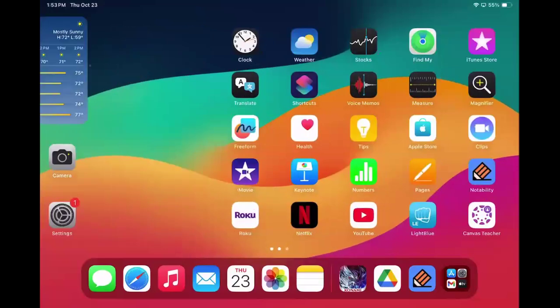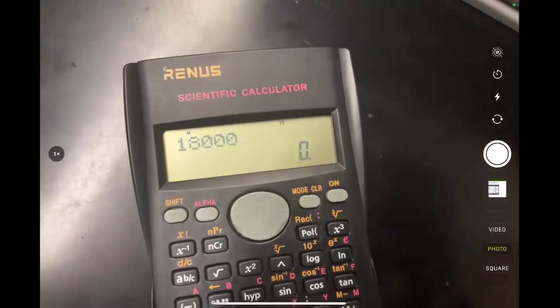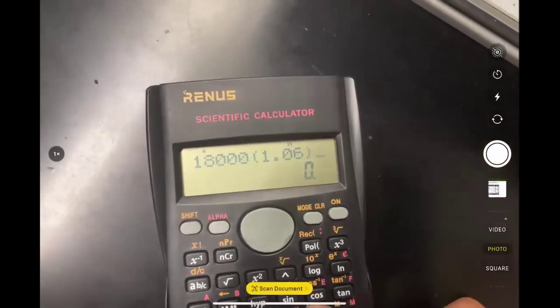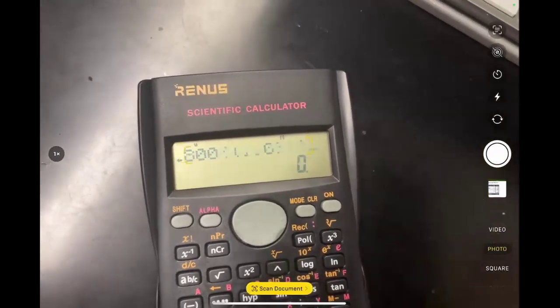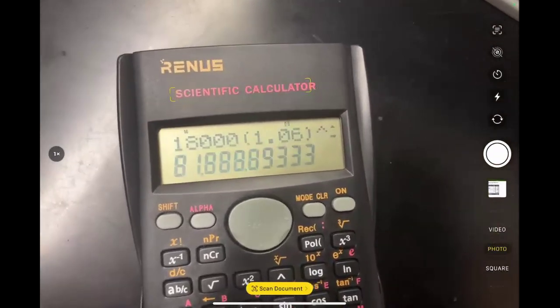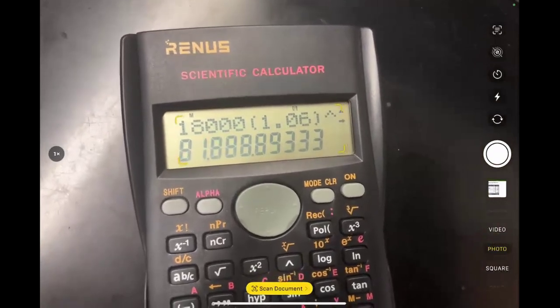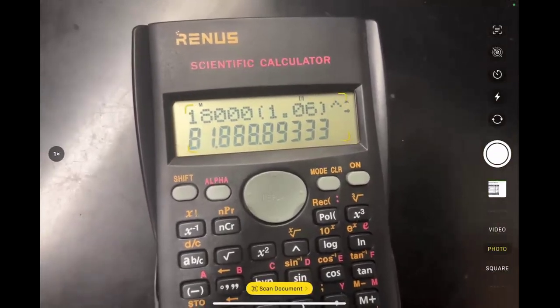So 18,000, parentheses 1.06, parentheses, and then to the power, you have to use this little caret, 26. So there's 81,888.89 students at the end of 26 years.